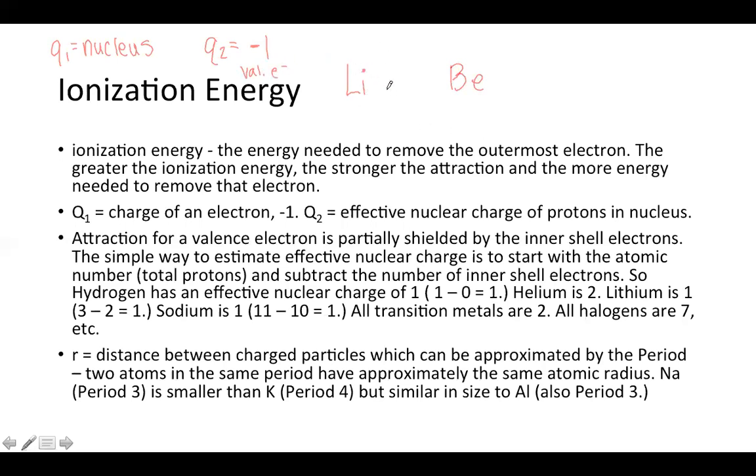So if we look first at lithium, lithium's nucleus has 3 protons in there, okay? Whereas beryllium has 4 protons. Both of them, if we're looking at the energy to remove one of their valence electrons, that valence electron has a charge of -1. Comparing them using Coulomb's law, Q1 times Q2 over R squared.